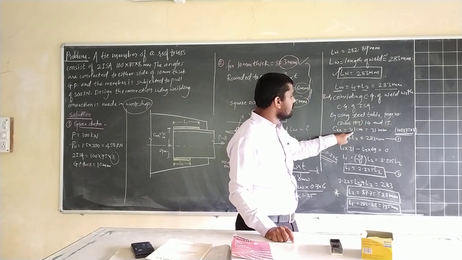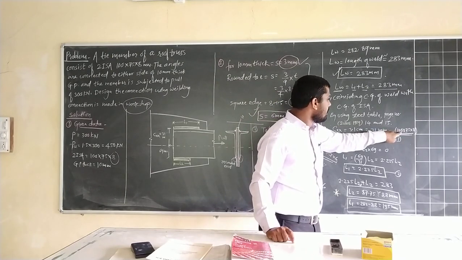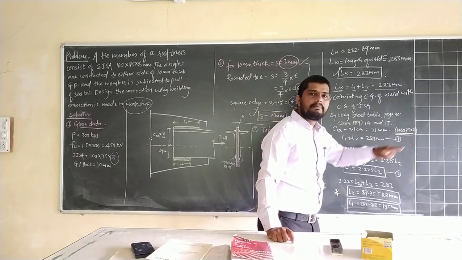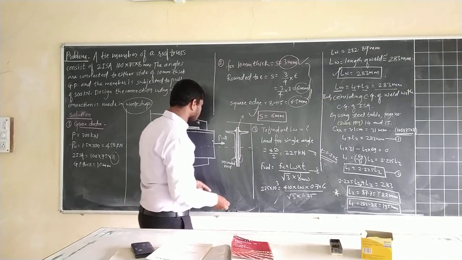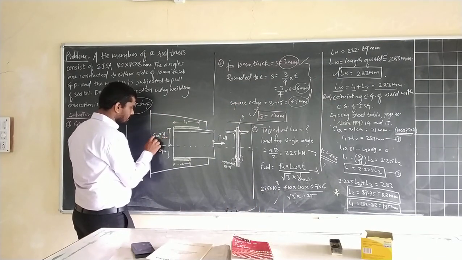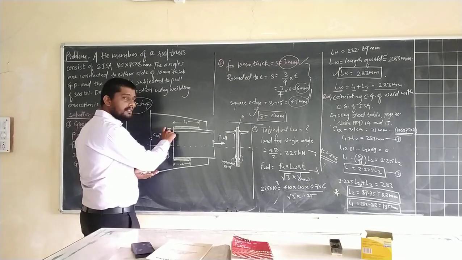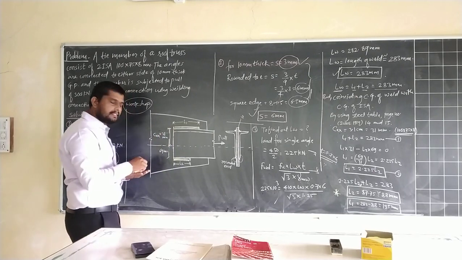Cxx value will be 3.1 centimeter, means 31 mm, for this 100 by 75 by 8 mm single angle section. So that we have written here.